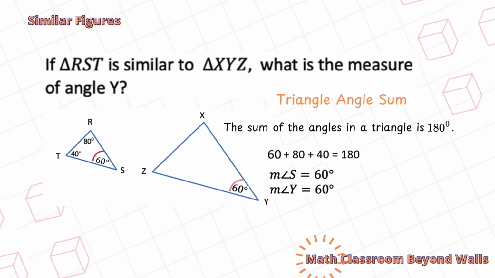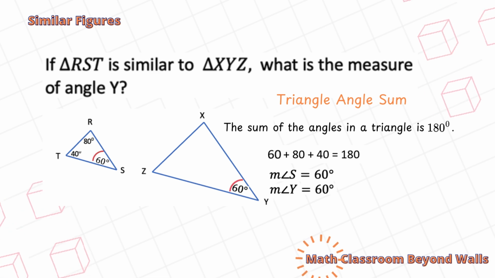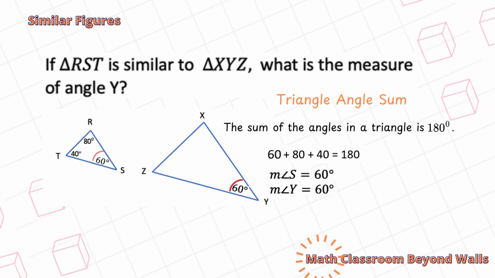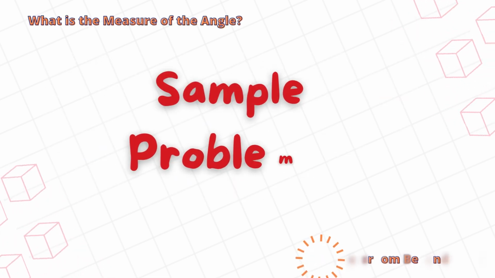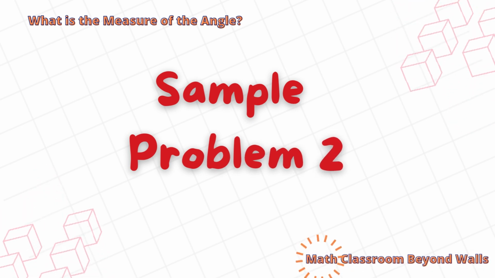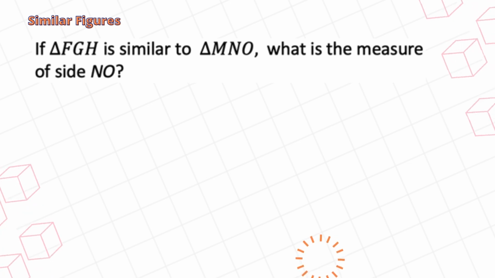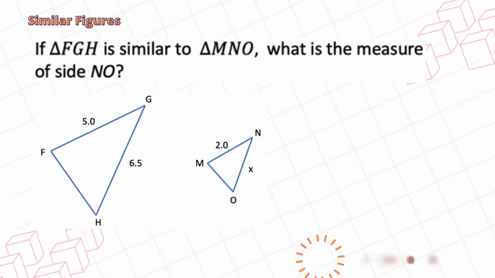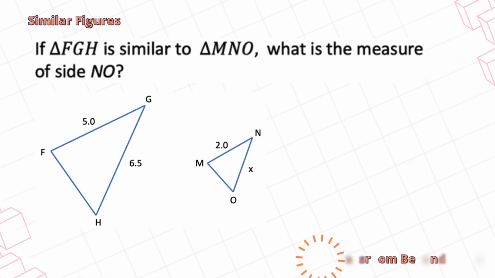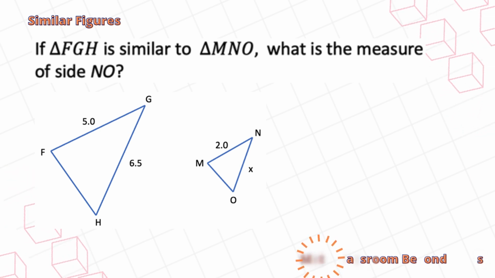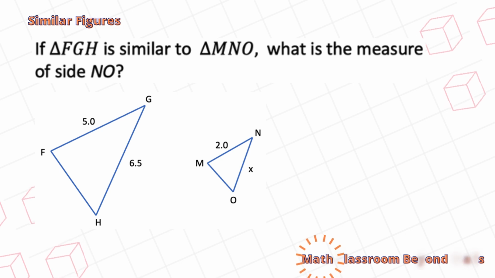That was easy, right? Now, let us consider solving for an unknown side. Sample problem 2, here is the problem. If triangle FGH is similar to triangle MNO, what is the measure of side NO? A figure is given.